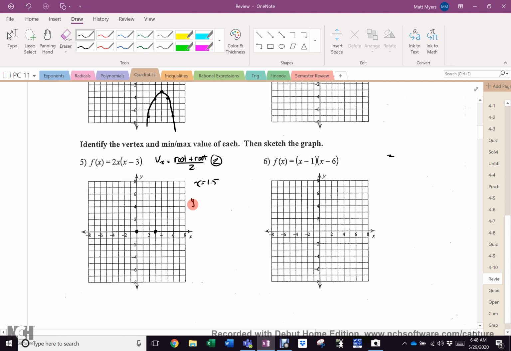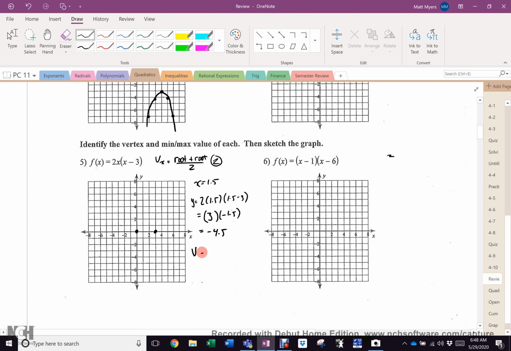So that's y equals 2 times 1.5 times (1.5 minus 3). 1.5 minus 3 is negative 1.5. So that's negative 4.5.